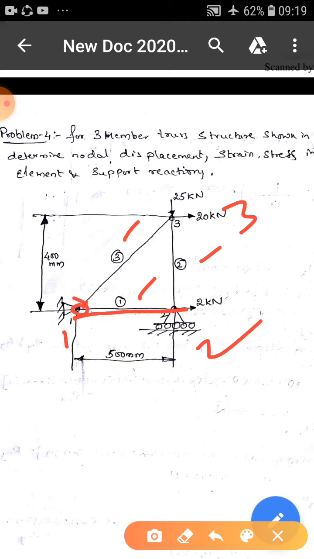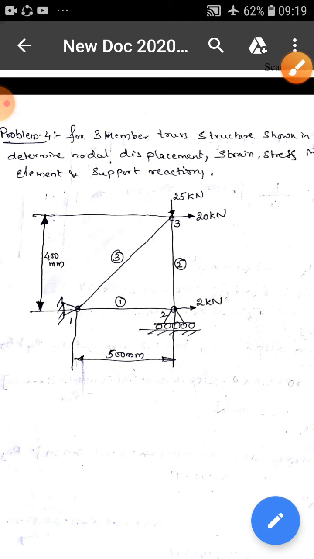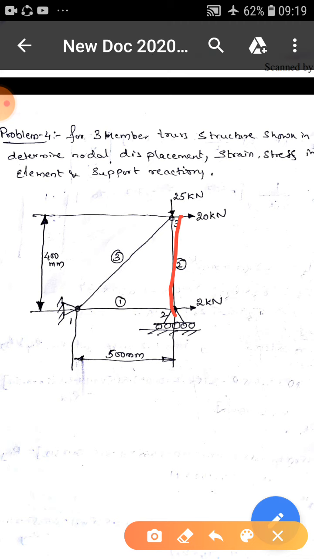If you want to take this as node 1 for this element, or also you can take this as node 1 for this element. If you take this as node 1, the angle is 0. If you take node 2 as my first node, then it becomes 180 degrees. Now for element 2, if you take my local node 1 as 2 and local node 2 as 3, the angle will be 90 degrees.